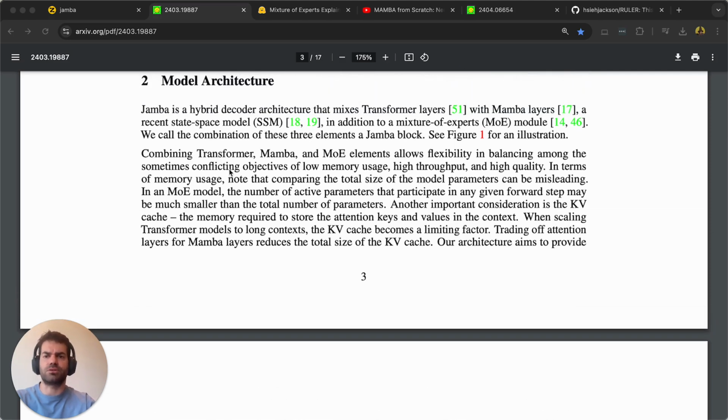Combining Transformer, Mamba, and MOE allows flexibility, balancing sometimes conflicting objectives of low memory usage, high throughput, and high quality. No free lunches in life. If you want high quality, you probably have to pay on throughput or on memory and so on. You cannot really have it all the time. But here it seems that we strike a really good balance.